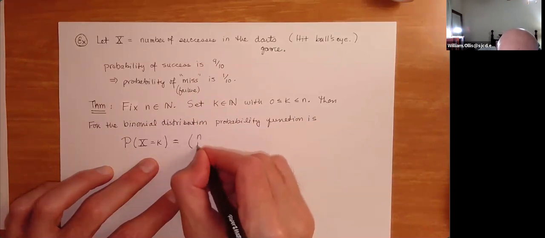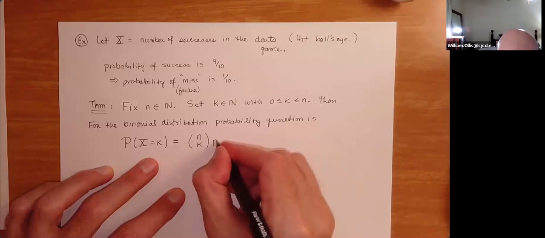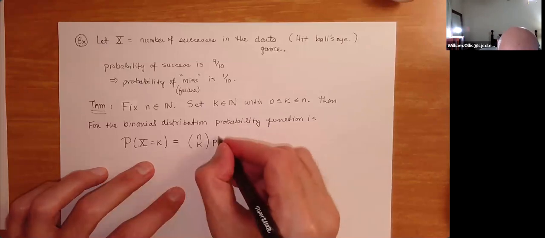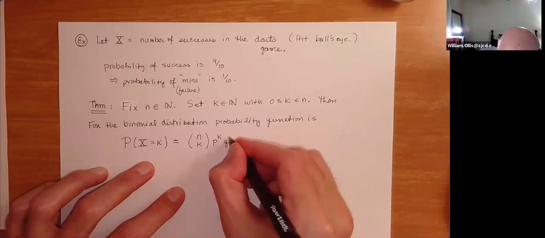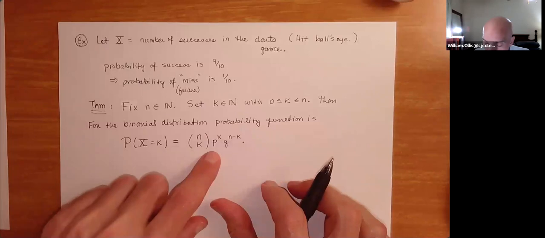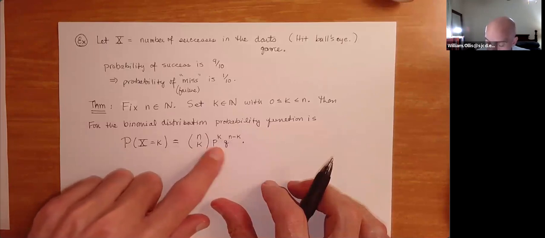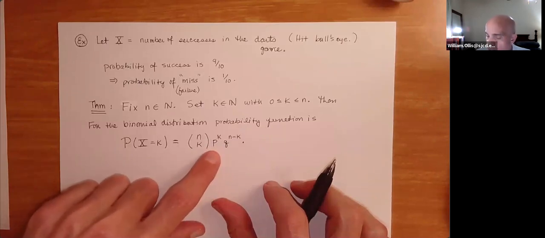N choose k, and then p, in this case, we're going to flip things around. We're going to put k first, and then the q will be second, n minus k. So for k successes, we would want the probability raised to that power. Now we're kind of flipping the a and the b around, but they're perfectly symmetric, so it says the same thing.